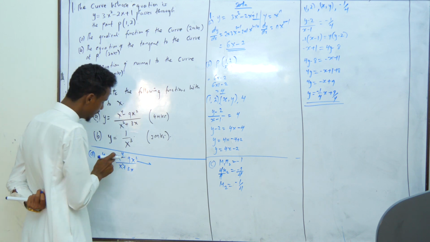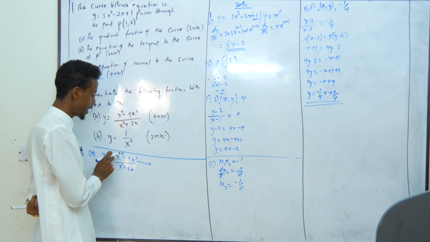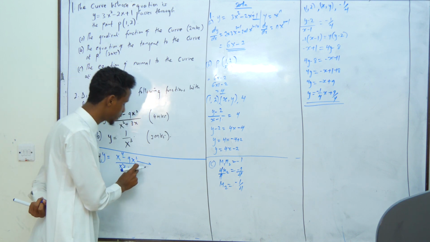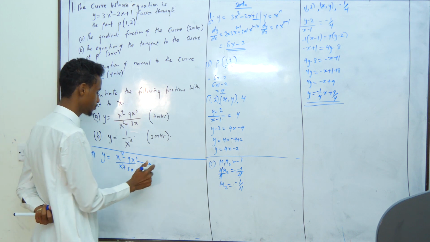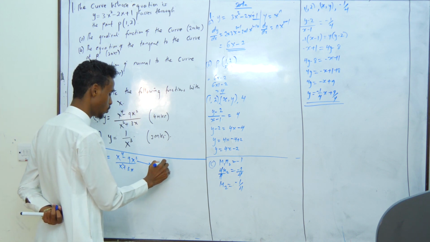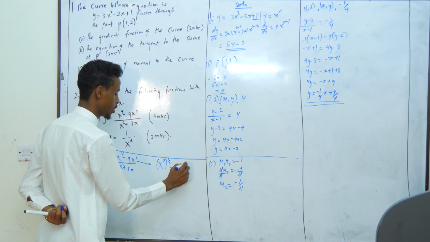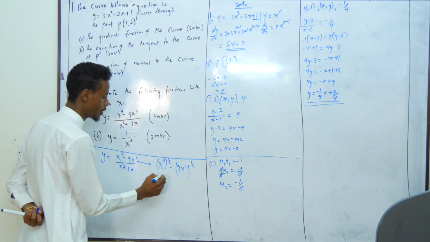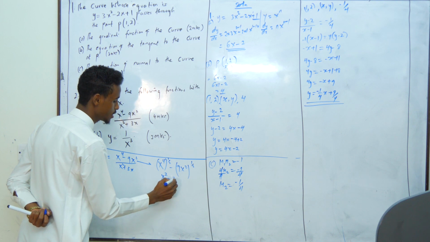Now take this one. X to the power 4 has a perfect square root, that is x squared. 9x squared also has a perfect square root, that is 3x. How can I know? X to the power 4 raised to power half is x squared, minus 9x squared raised to power half, which is 3x.